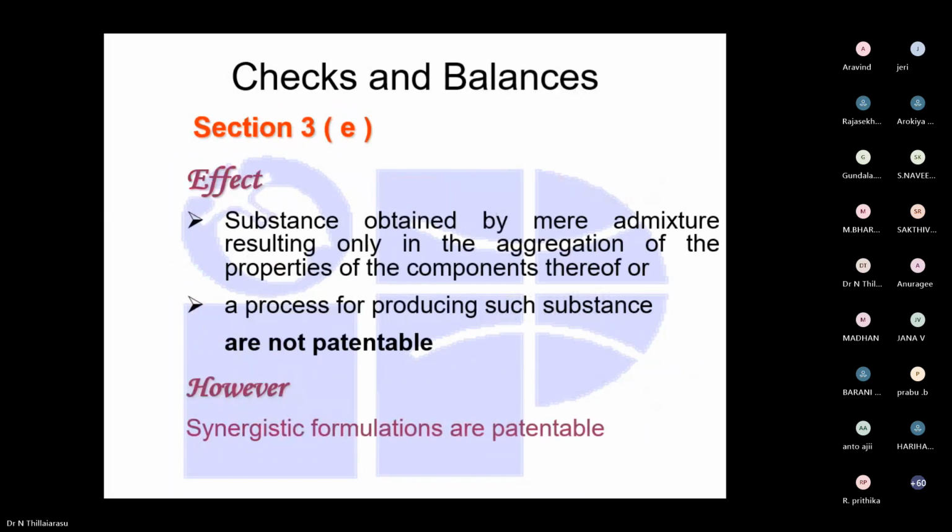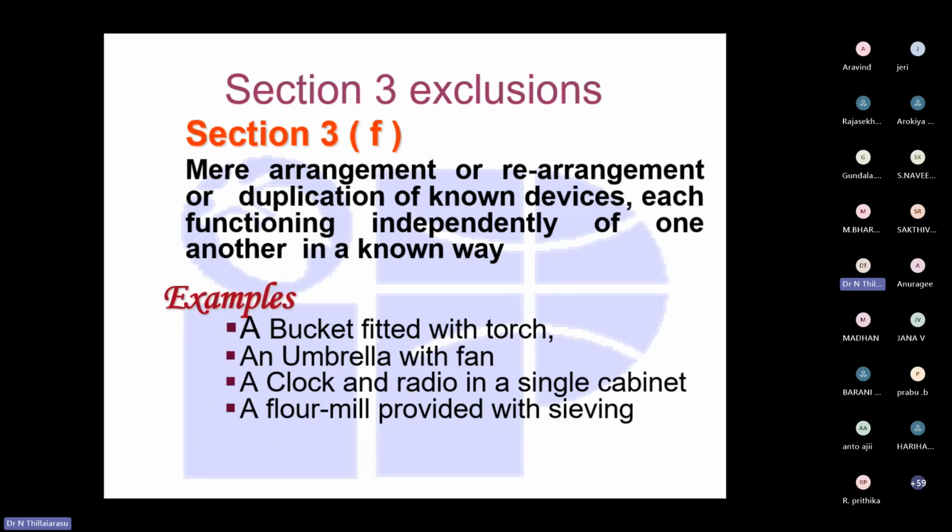The substance obtained by the mere admixture, resulting only in the aggregation of the properties of the components thereof, is not patentable. Synergistic formulations are patentable, but in general these things are not. You are supposed to understand this.